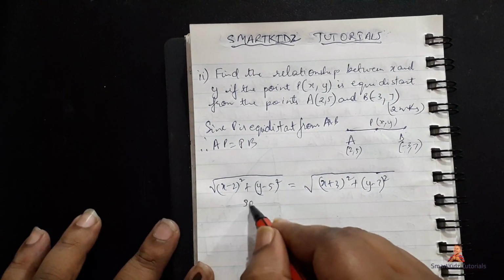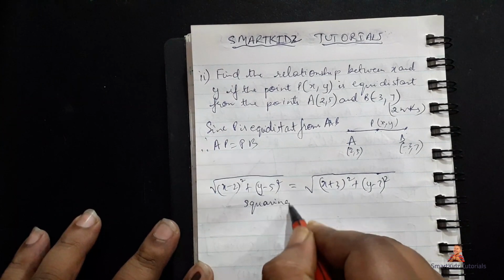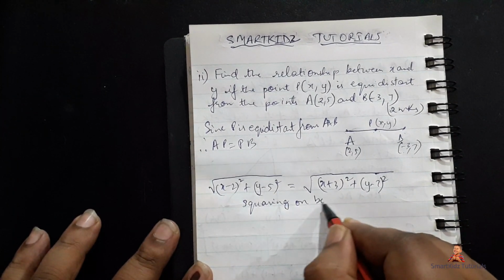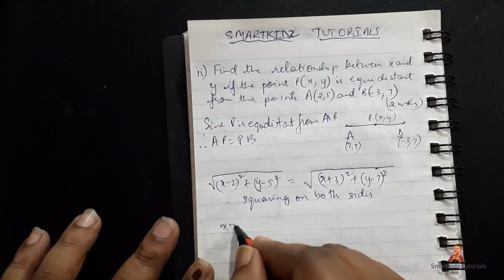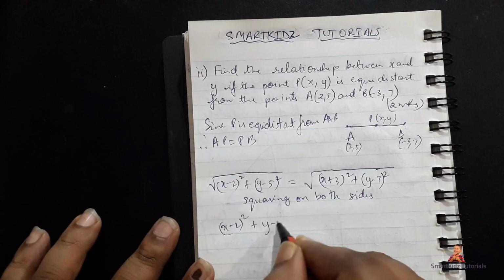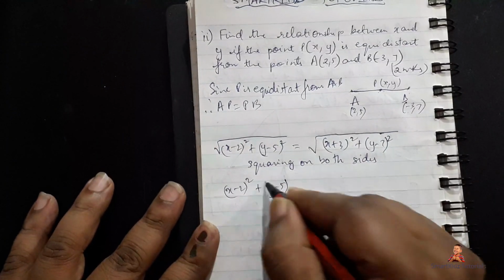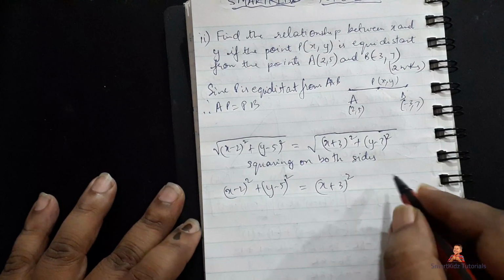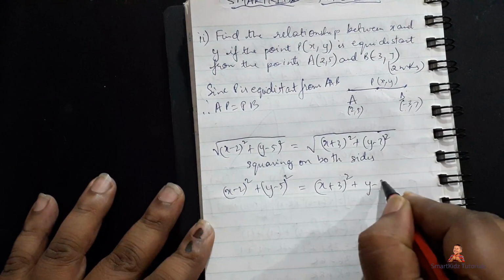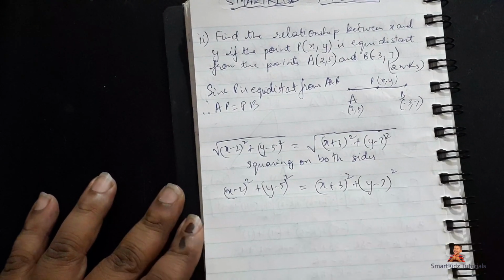So we say squaring on both sides, that would remove the square root sign on both sides. We get (x minus 2) whole square plus (y minus 5) whole square equal to (x plus 3) whole square plus (y minus 7) whole square.